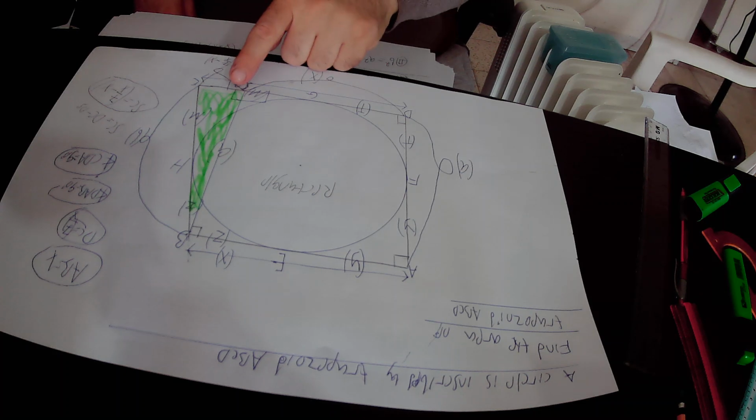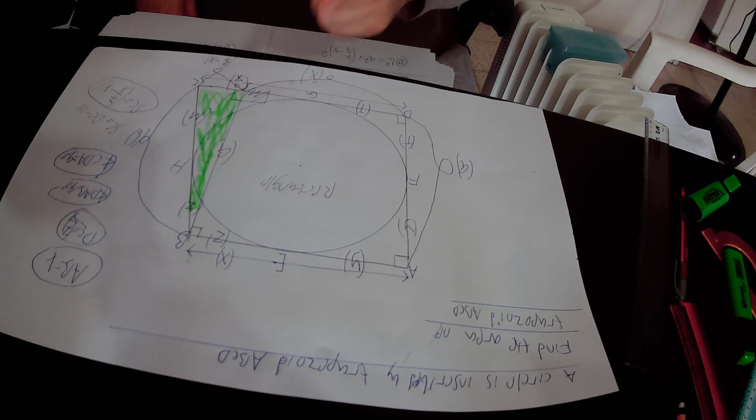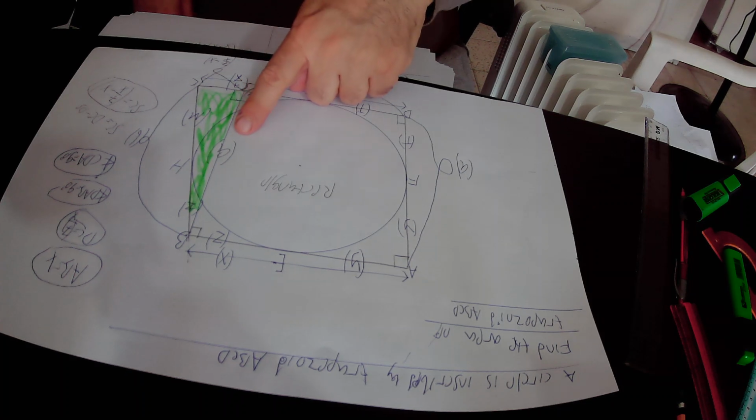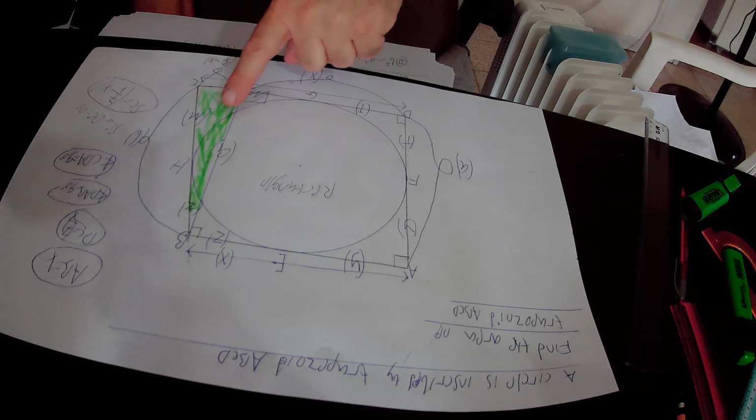This is a right triangle because this angle equals 90 degrees. So in this green right triangle BSC, side BS equals A. The hypotenuse BC equals B.